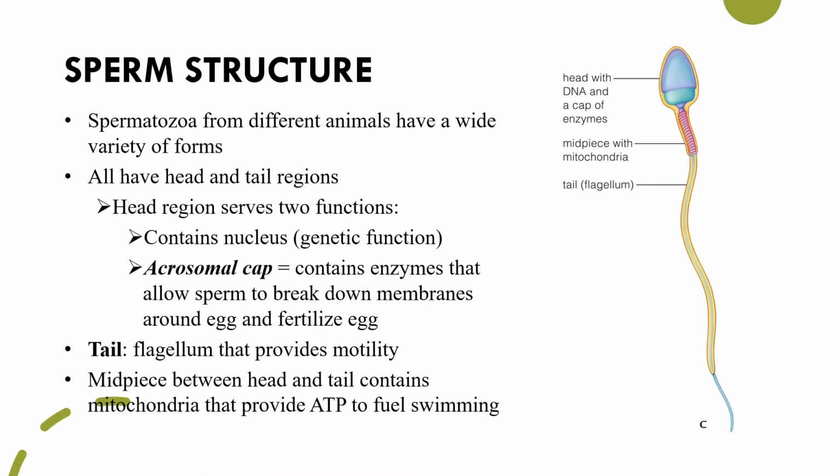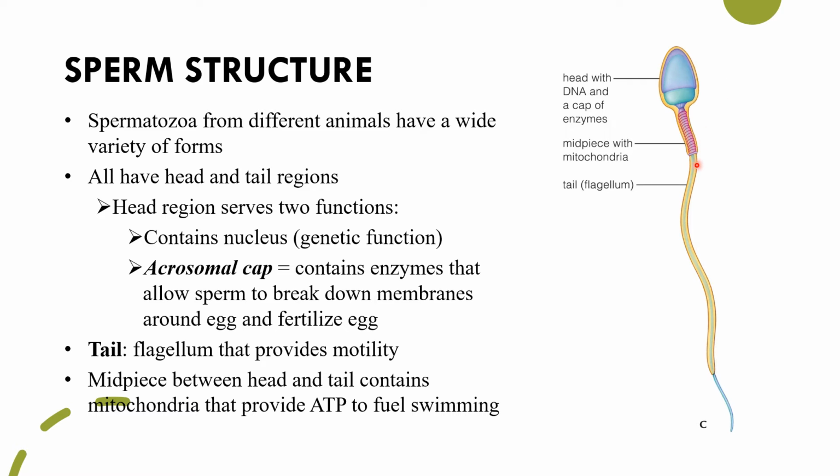So for the sperm structure, the spermatozoa from different animals have a wide variety of forms, but all have head and tail regions. The head region serves 2 functions. The first is to contain the nucleus, or the genetic function. It also has an acrosomal cap that contains enzymes that allow sperm to break down membranes around the egg and fertilize it.